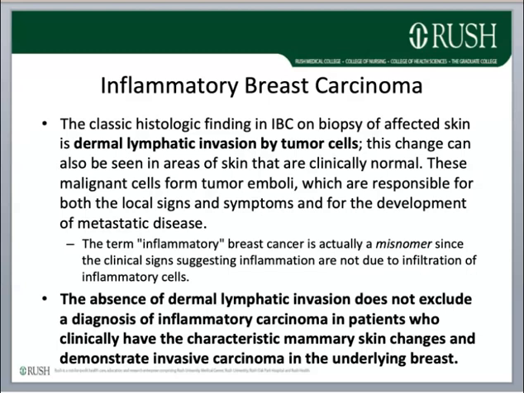The absence of dermal lymphatic invasion, however, does not exclude a diagnosis of inflammatory carcinoma in patients who otherwise clinically have the characteristic mammary skin changes and also demonstrate invasive carcinoma of the underlying breast. In other words, dermal lymphatic invasion is usually seen but is not necessary for the diagnosis.